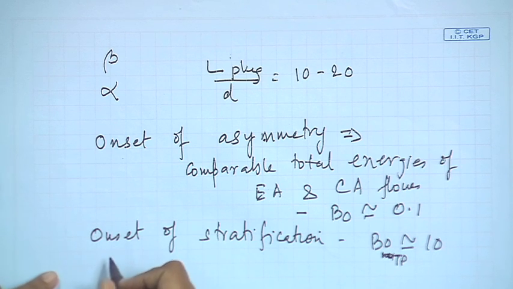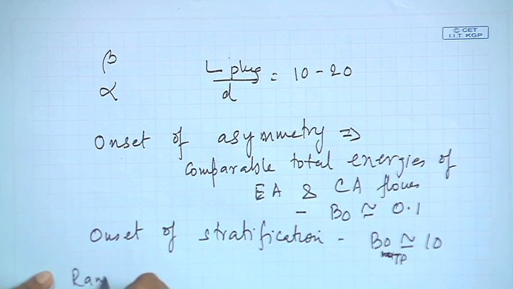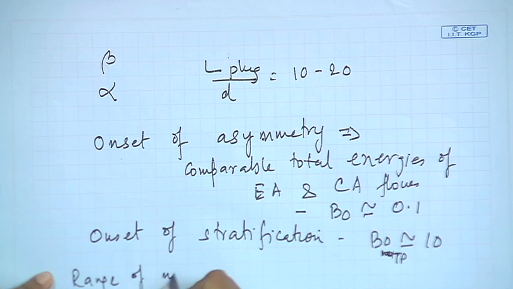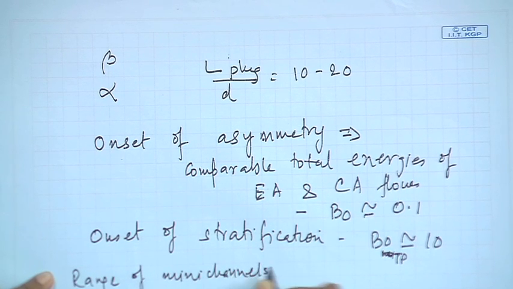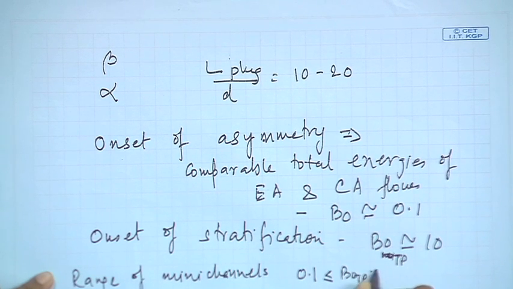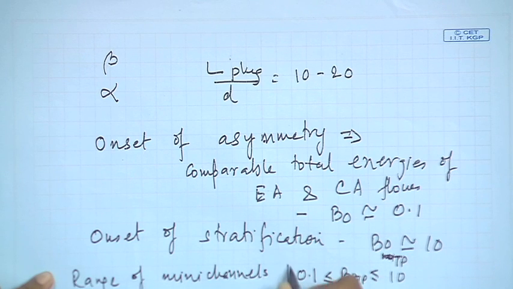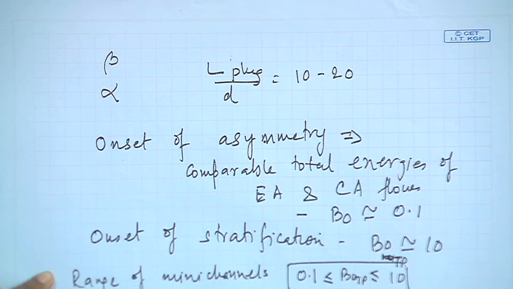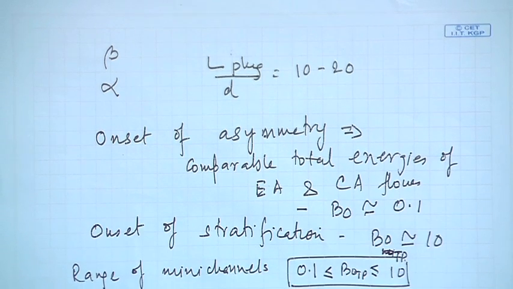So, the range of mini channels is 0.1 to 10 in terms of the two phase bond number.